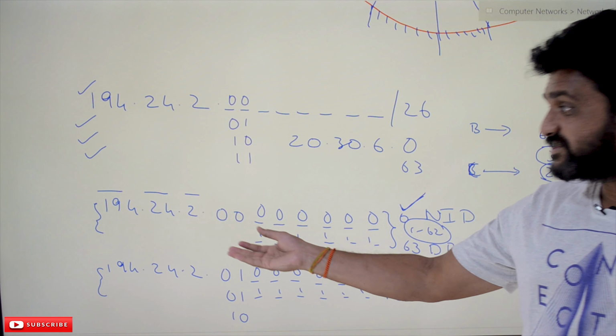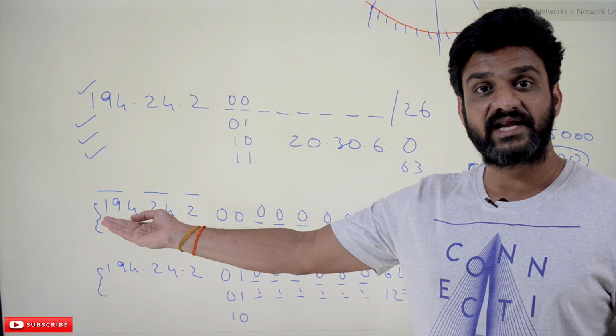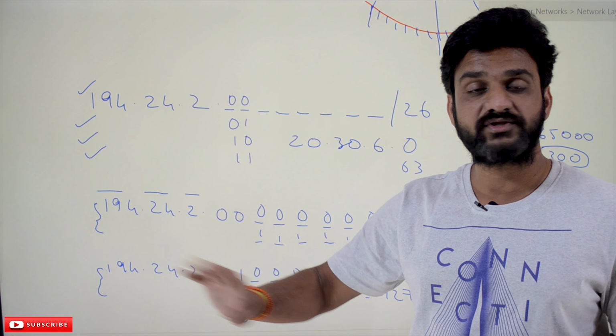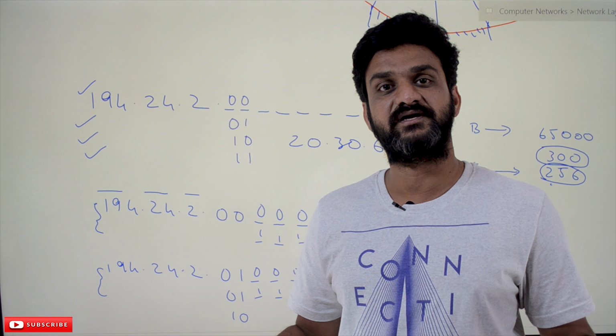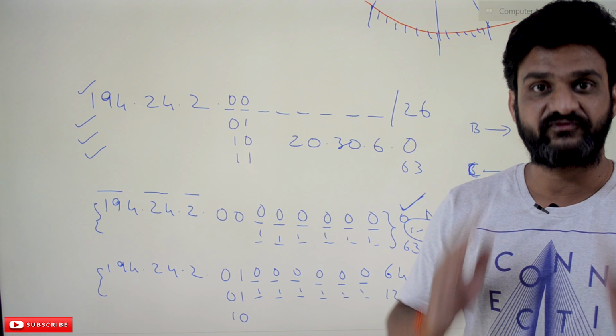So 256 systems does not mean it is going to be a class C address. No, there are no such classes. There are millions of possibilities, and you are going to get one piece of cake.